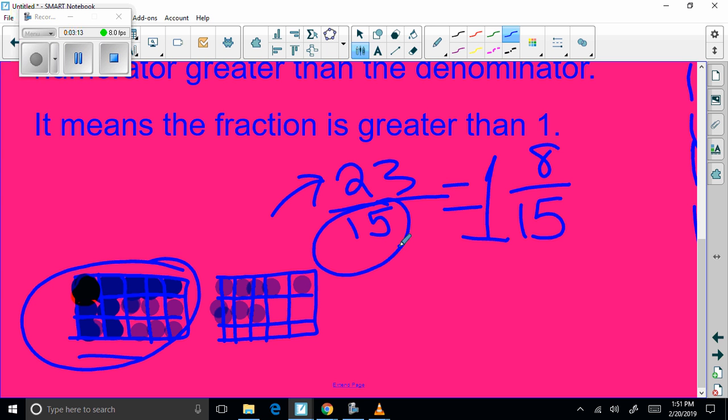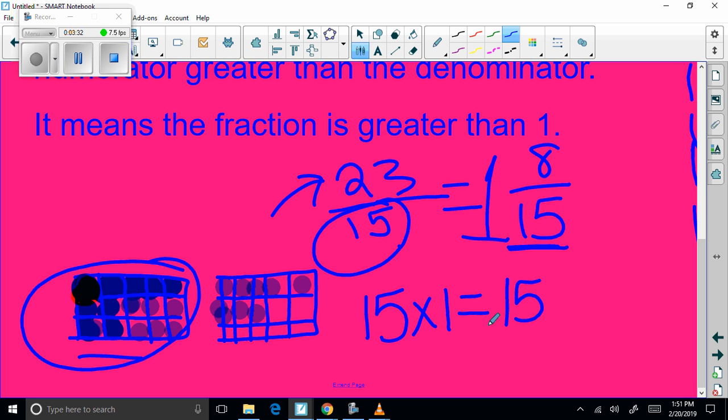If you wanted to convert this back to an improper fraction, you take the denominator, which is 15, and you multiply it by the whole number. So 15 times 1 is what, Jasmine? 15.